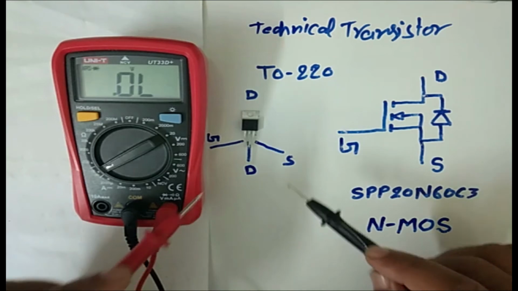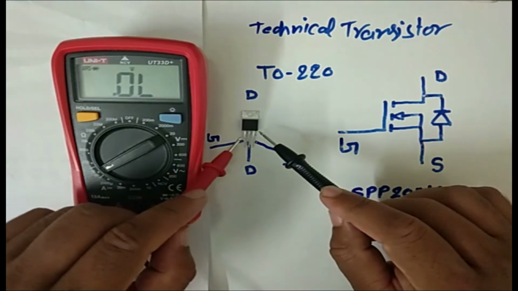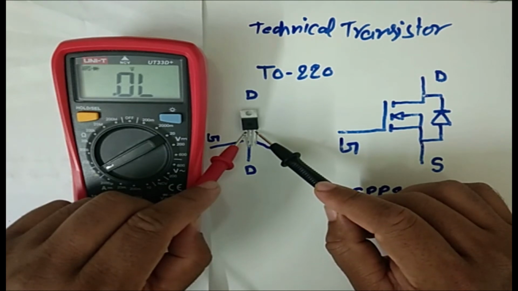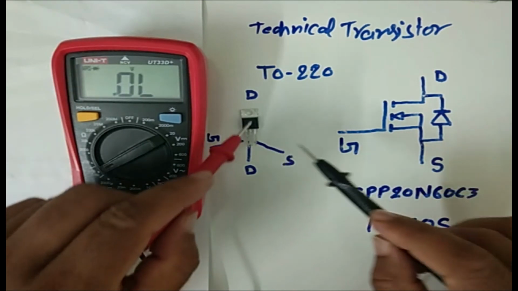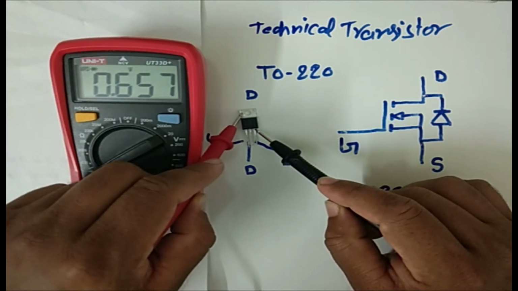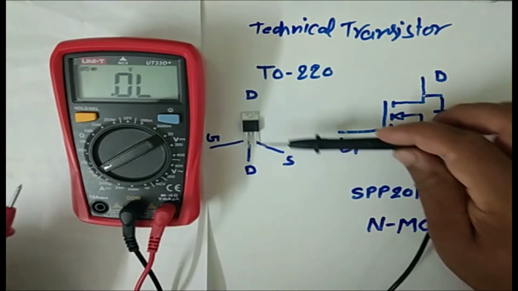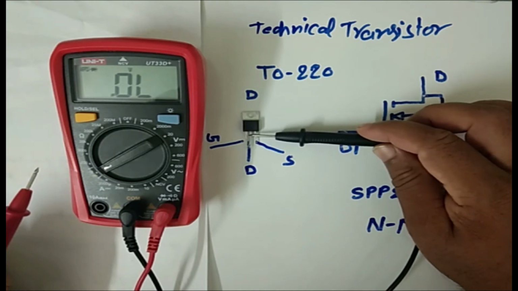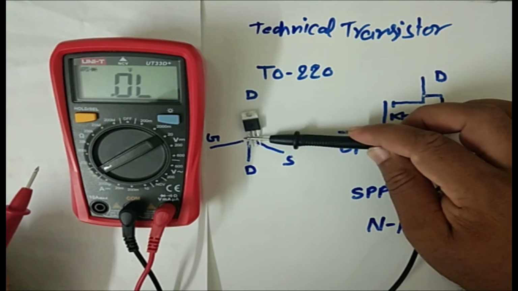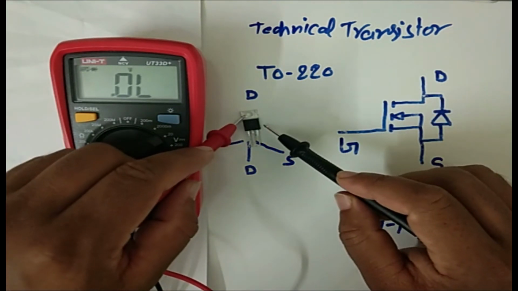Now I put the red on the gate and black on the source, so it will be on. Again I check. Now it is on. Okay, again I turn it off by shorting all 3 pins. I check again, it should be off.